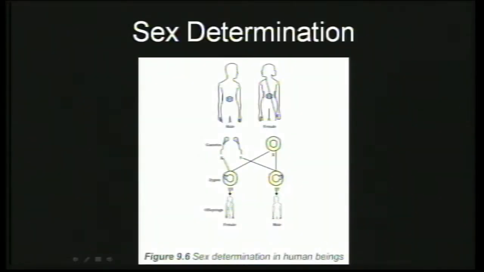So X is always there for the egg, but for the male gametes it can be either Y or X.